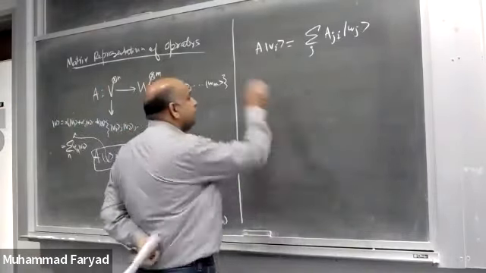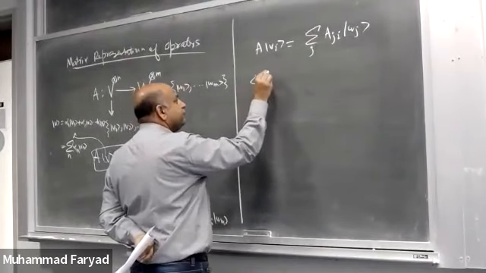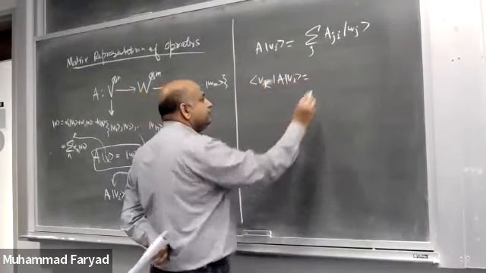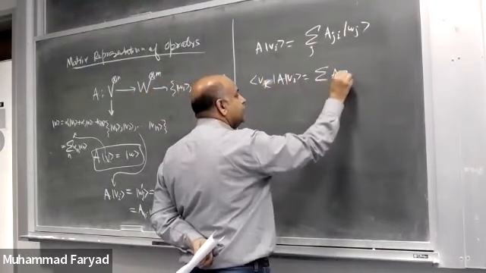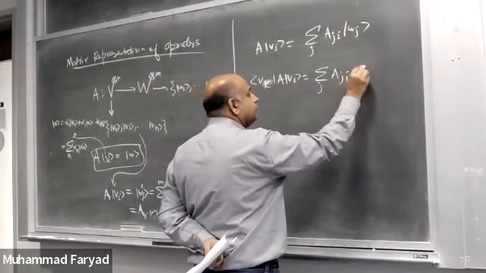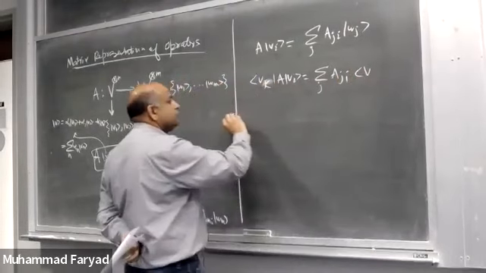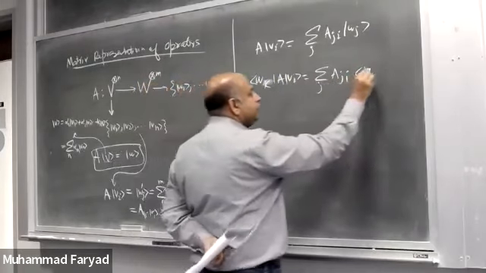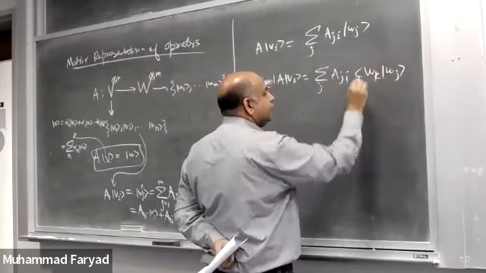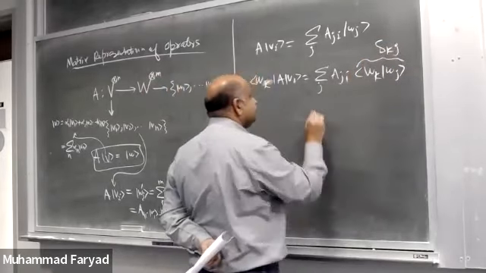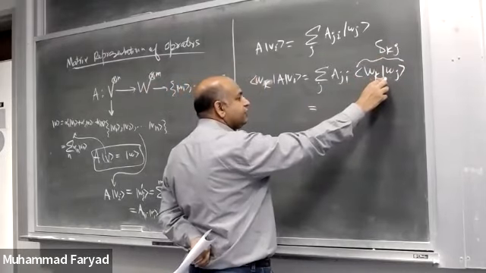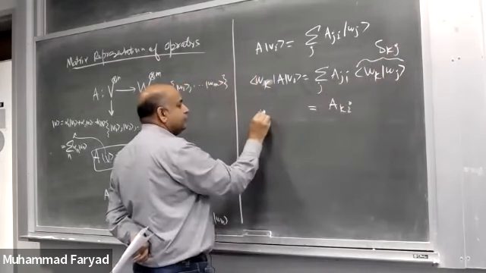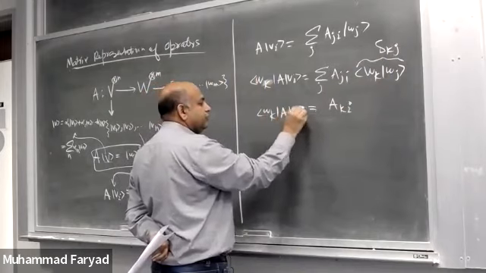Then if I take the inner product with some omega k, now this product is delta kj because these are orthonormal basis vectors, and so it means I get a ki equals omega k, A v i.